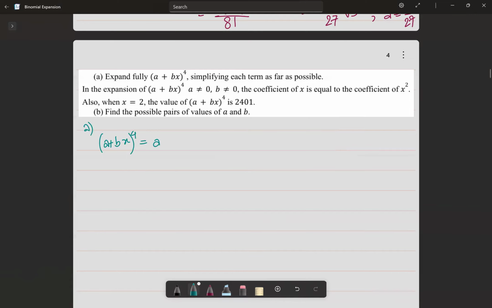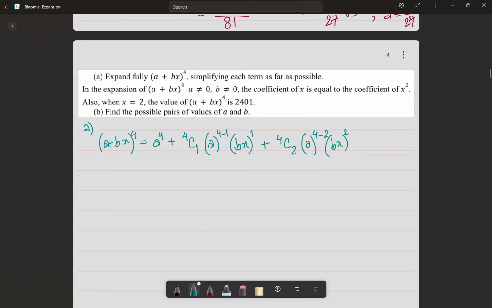first we have maximum power of a, then we have 4c1 a to the power 4 minus 1 and bx to the power of 1. Then we have 4c2 a to the power 4 minus 2 and we have bx to the power of 2.